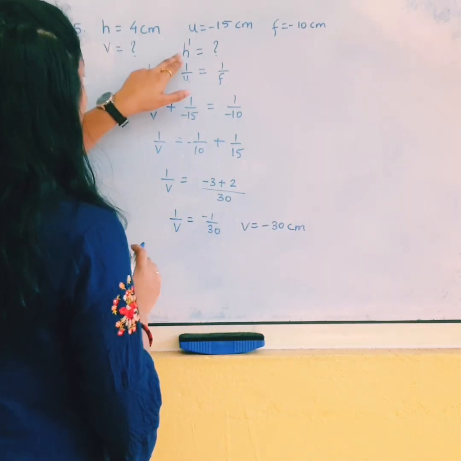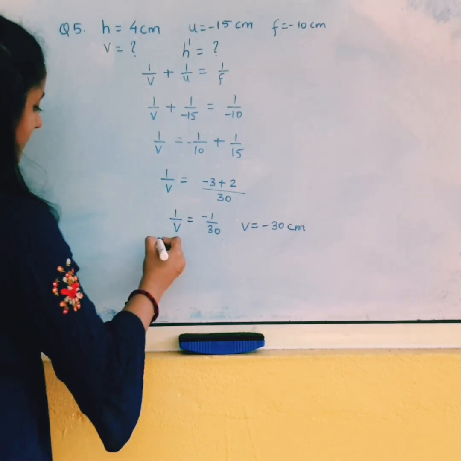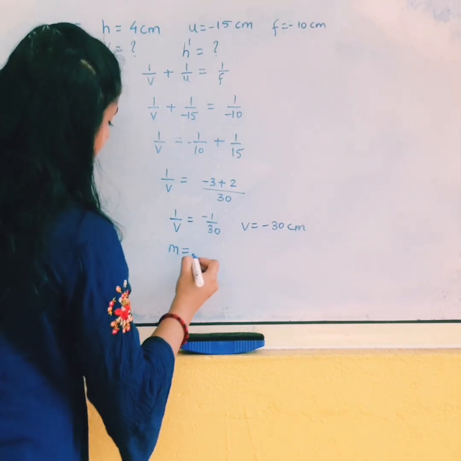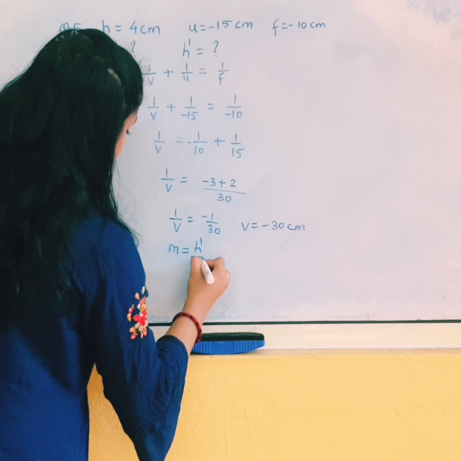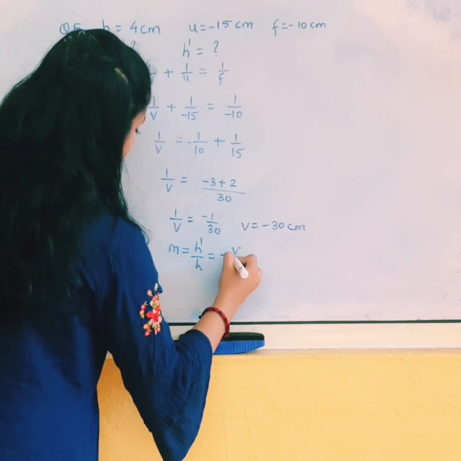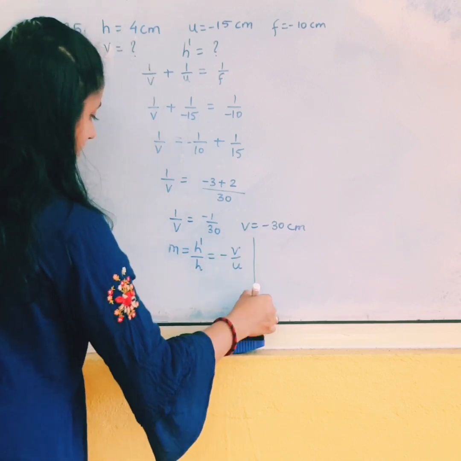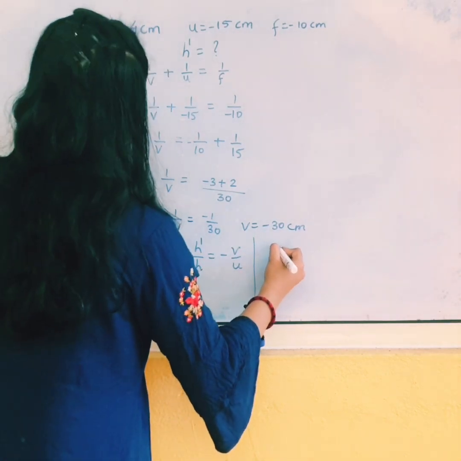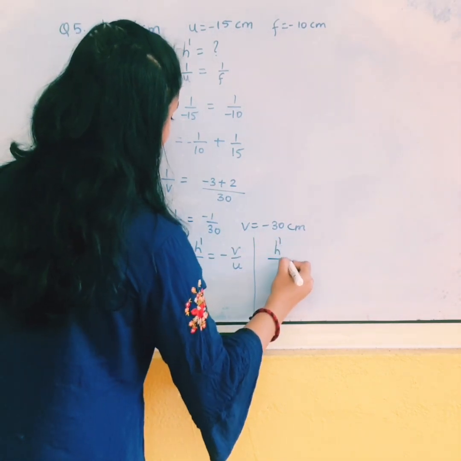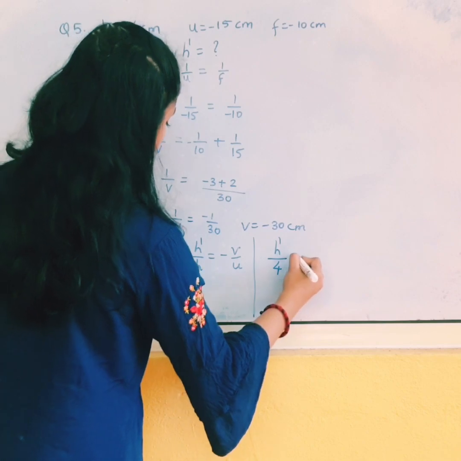Now next you are asked to calculate the size of the image. So let's use the magnification formula. So h dash, we are asked to calculate. h is given, 4.